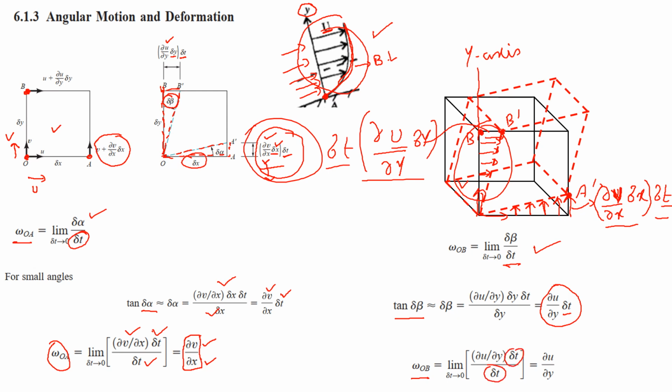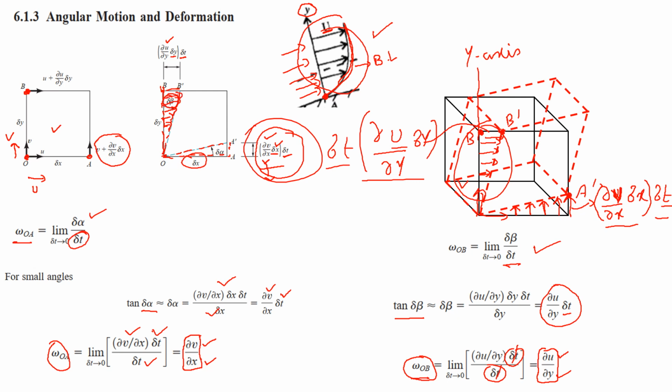So these two delta t will cancel out and we will have partial u over partial y for our rotation of the edge OB, that is again our partial change in velocity vector u, the x component of velocity, and this partial change occurs along the y axis, as we mentioned here, that this gradient is created along the y axis of this element.